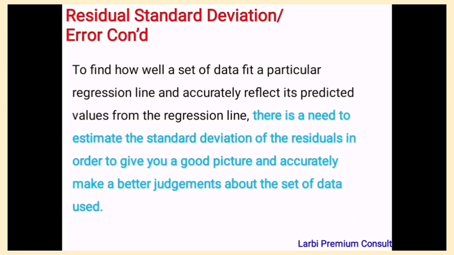To find how well a set of data fits a particular regression line and accurately reflects its predicted values, there is a need to estimate a standard deviation. A standard deviation will help us know how well the set of data values reflects the regression line between two variables. So we find the standard deviation of a residual to give us a good picture and make a better judgment about the set of data that has been used.